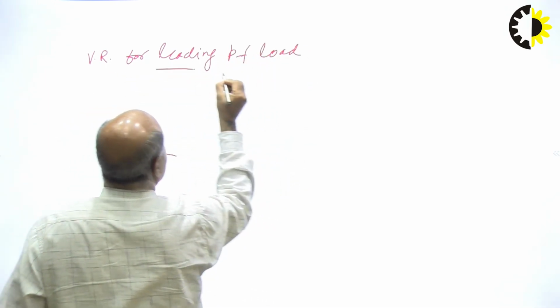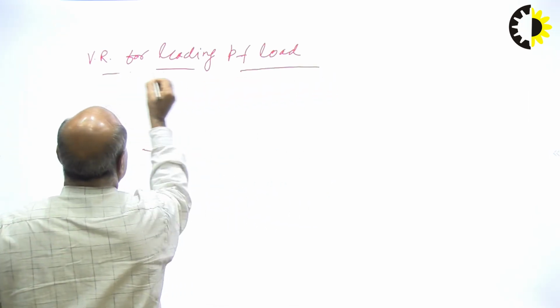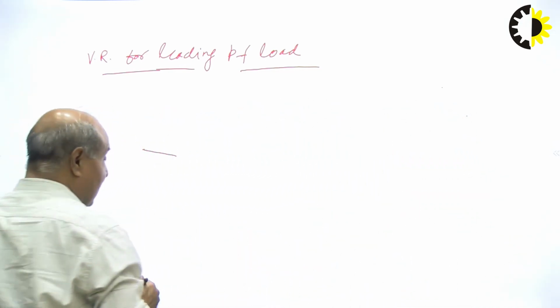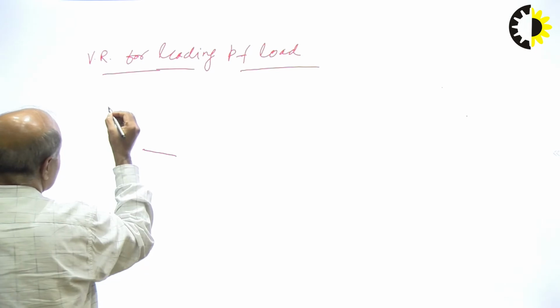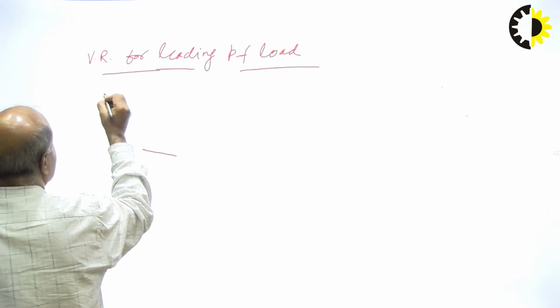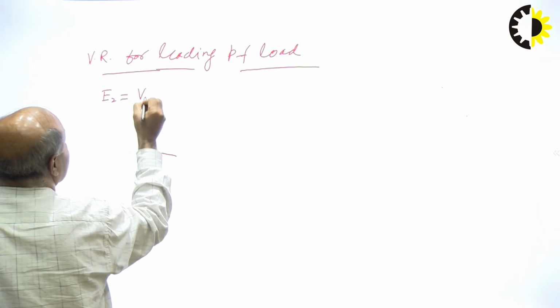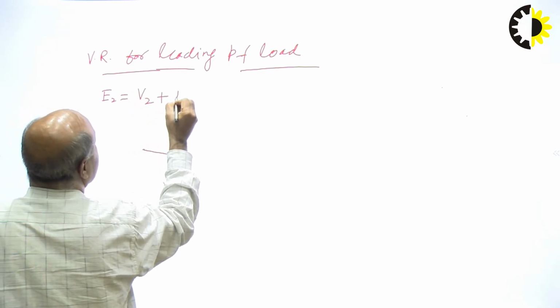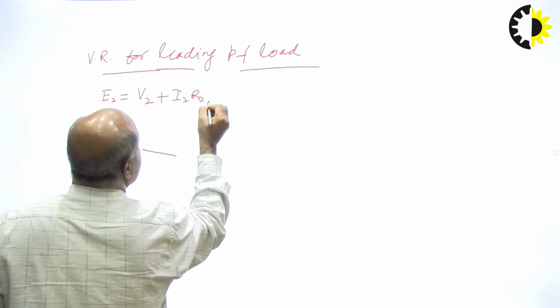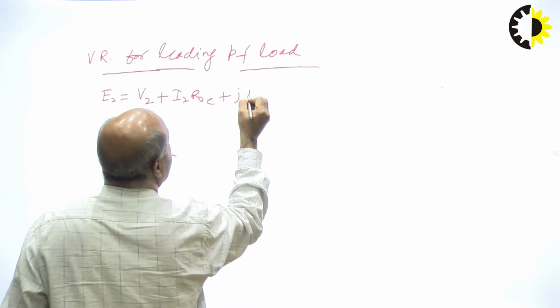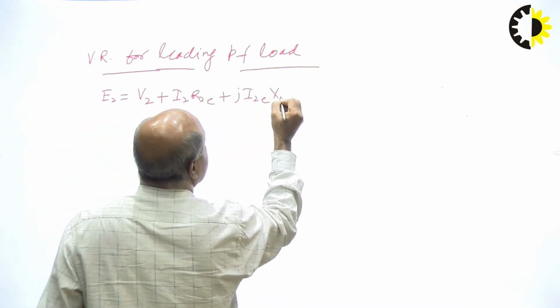For this, we will use the same voltage equation from the equivalent circuit: E2 will be V2 plus I2 R2E plus j I2 X2E.